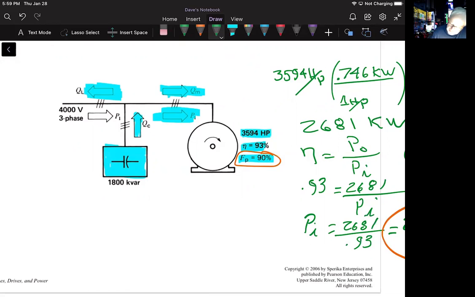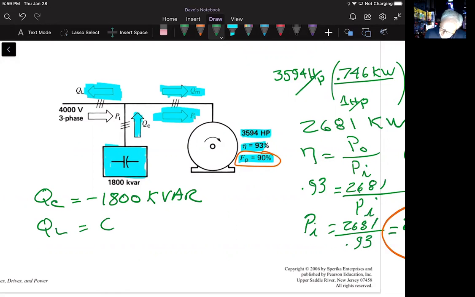The Q sub C is power supplied to the system. And so normally, as you remember back to that study, we give that a negative value, and then the net or total reactive power, everything combined, is going to be the Q sub C plus the Q to the motor.